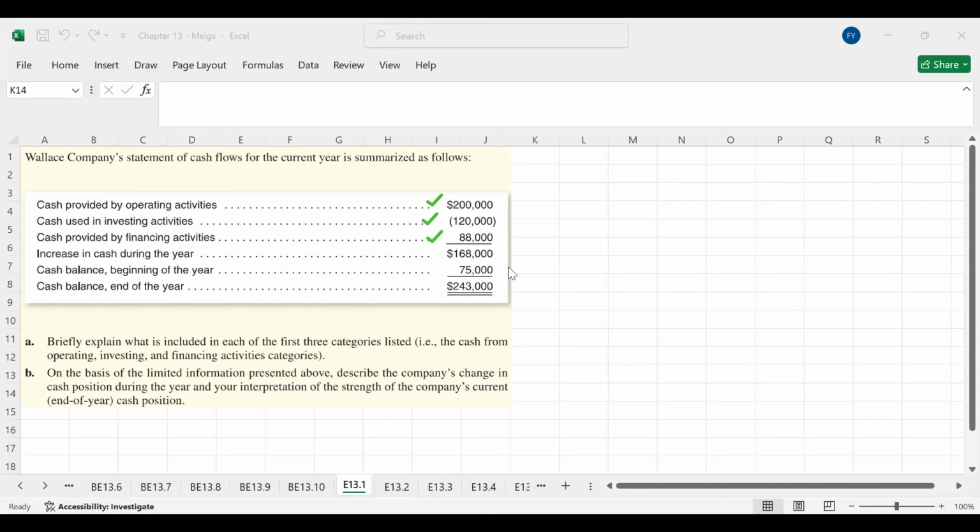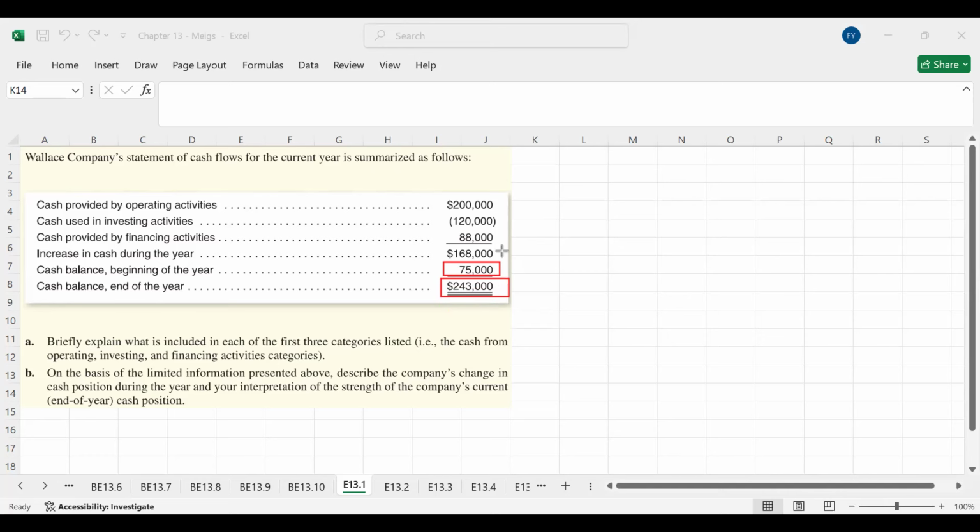So you can see that the beginning cash balance was $75,000, meaning this cash was available at the start of the period, and after 1 year this cash is increased from 75,000 to $243,000. So you can say that there is a significant increase in cash during the year from 75,000 to $243,000. So there may be several reasons.